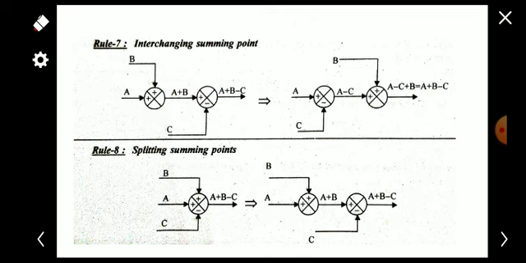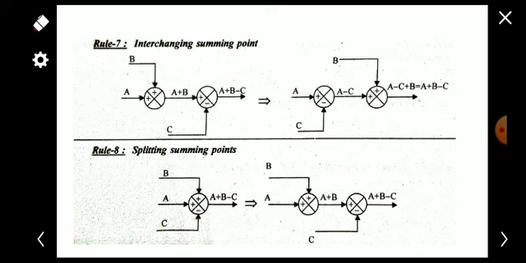So if there is any block or summing point in between the summing points, we can't interchange. But if the two summing points are coming nearby, we can simply interchange the summing points.